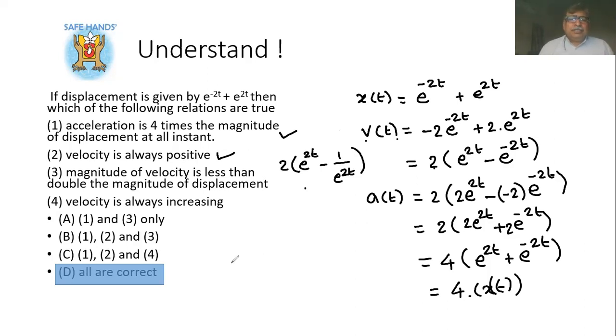The magnitude of velocity is less than double the magnitude of the displacement. This is minus. If it would have been plus, then it would be double the magnitude of displacement, but it is not plus, it is minus, meaning it is slightly less than plus. What I'm saying is e to the power 2t plus e to the power minus 2t is definitely greater than e to the power 2t minus e to the power minus 2t.